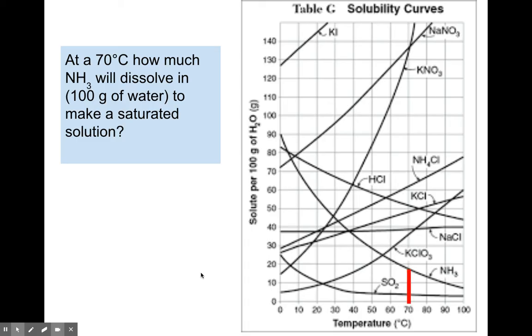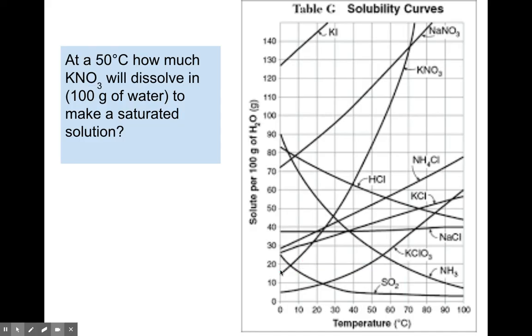So there's 70 degrees. You go up to the NH3 line, because that's what you're studying. Go over. And approximately 18 degrees, somewhere in there. Right? It's definitely below 20.